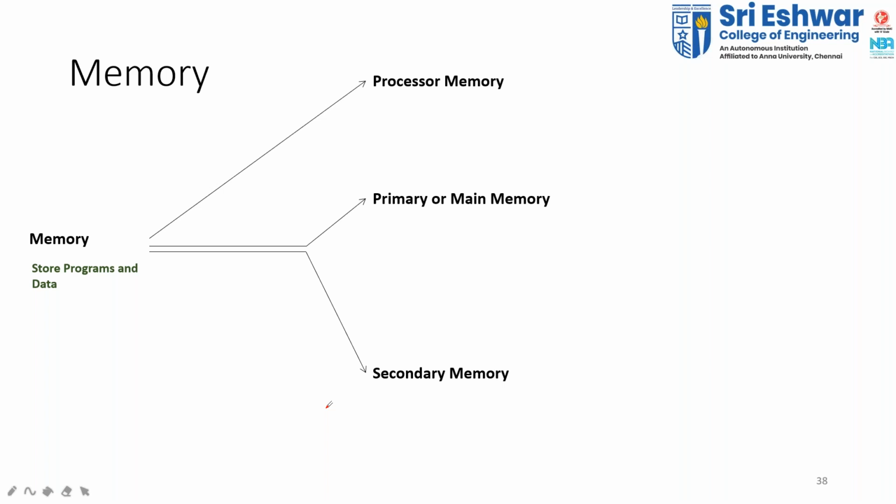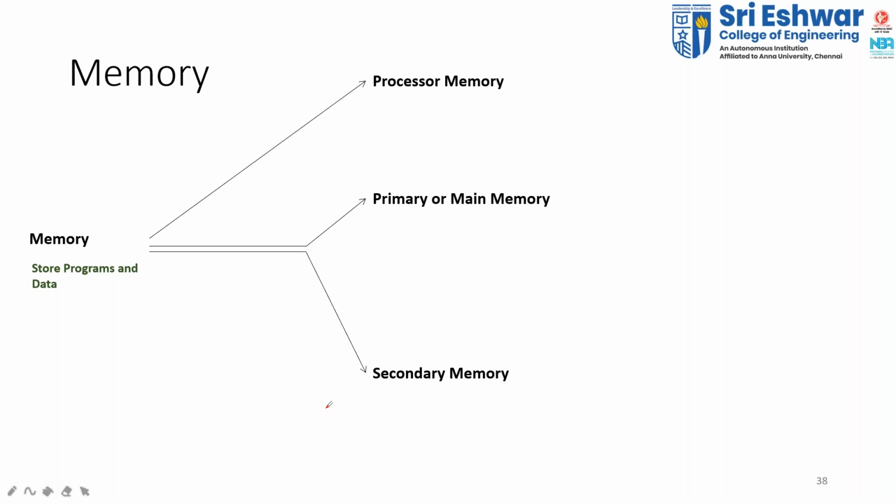We have general purpose registers, segment registers, temporary registers. All these come under processor memory. The space where the architecture lets me store information for computation is said to be processor memory. And primary or main memory is nothing but ROM and RAM.